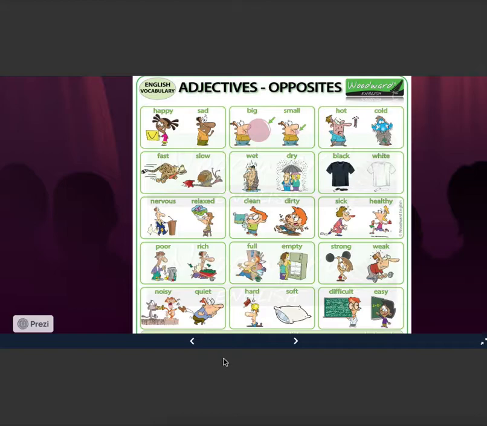What's an adjective? Who can tell me? The image is giving you a clue, so take a look. You have happy, sad, big, and so on. So tell me, Sammy, what's an adjective?